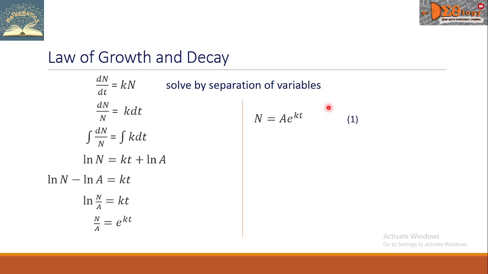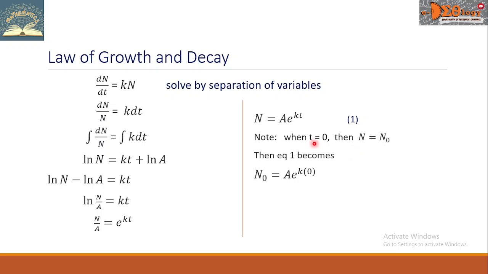Let us regard this as equation number 1. Let us note that when t equals 0, or when time equals 0, then capital N is equal to capital N sub 0.